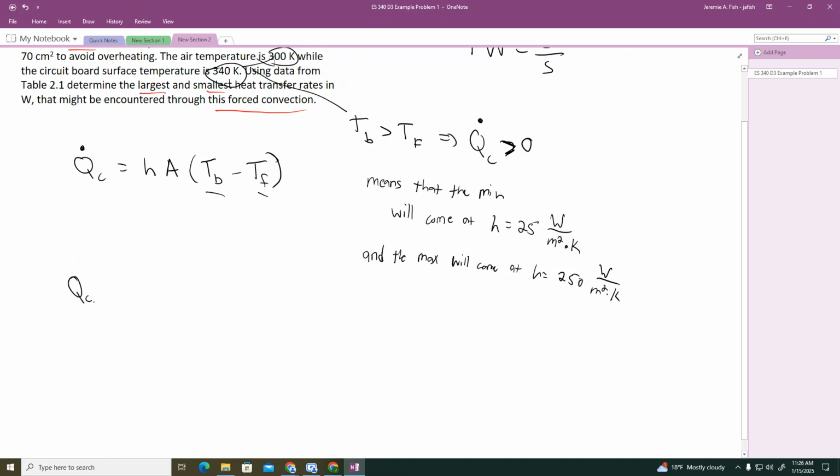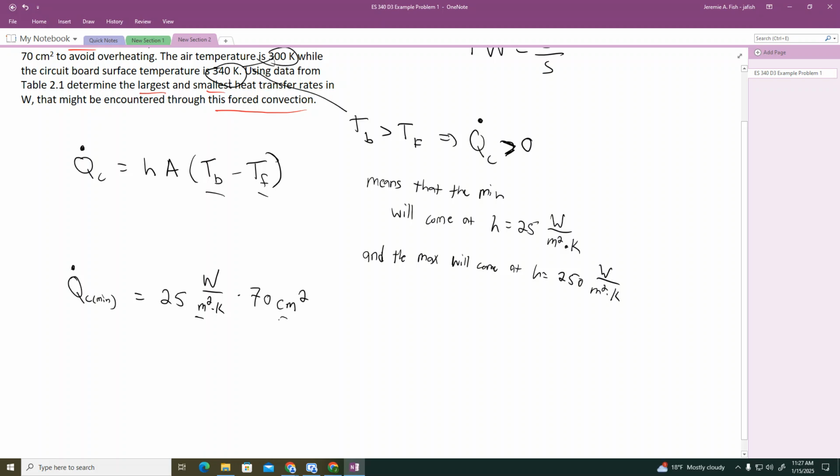So Q dot C min is going to be equal to 25 watts per meter squared times Kelvin times, well, we have 70 centimeters squared. But the problem is that notice that this is in meters squared and this is in centimeters squared.